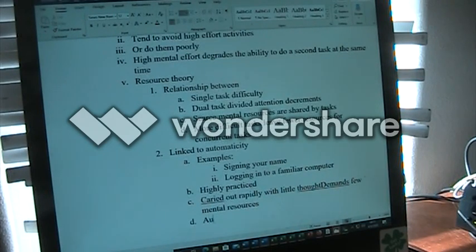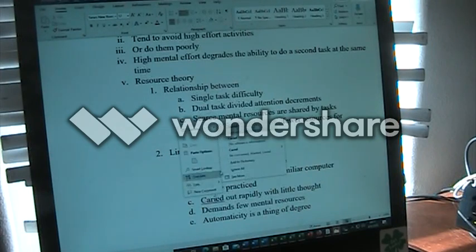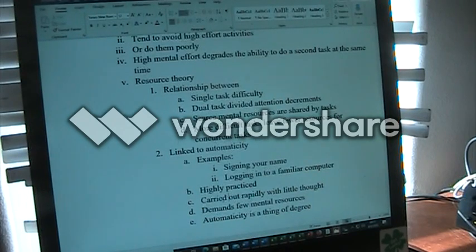And automaticity is a thing of degree. In other words, some things are very automatic. Some things you have to think about a little bit more on down the line.